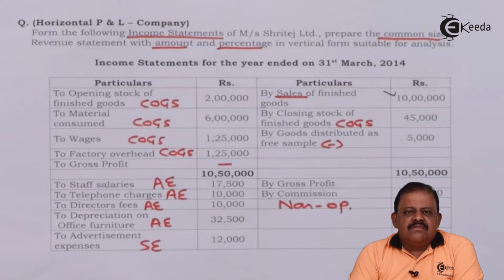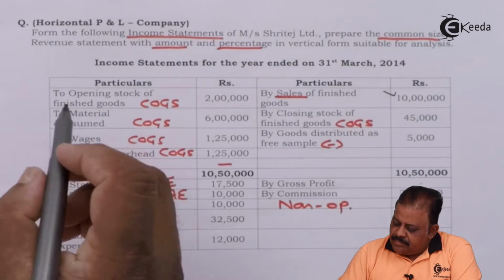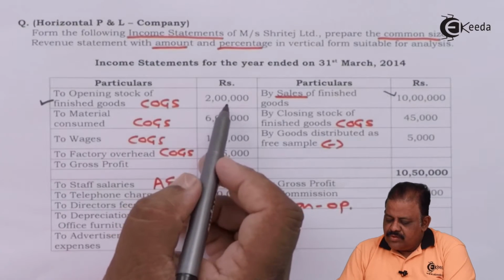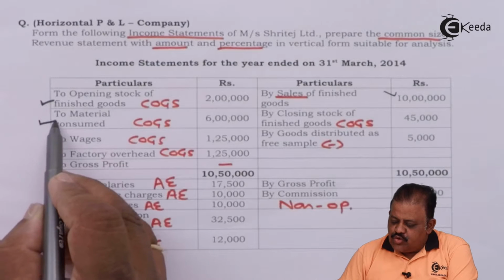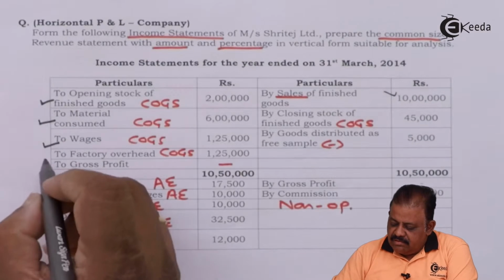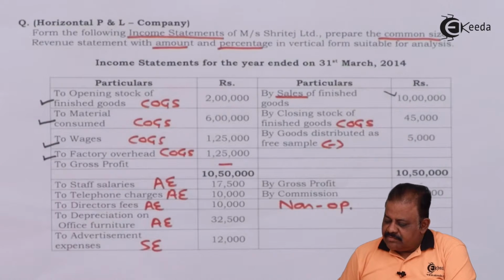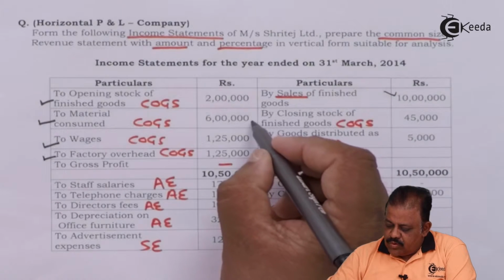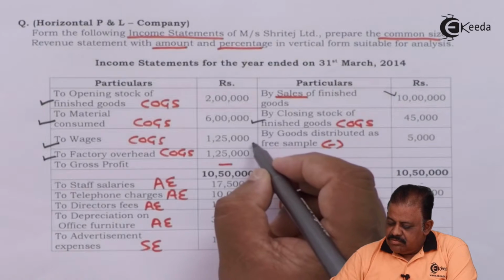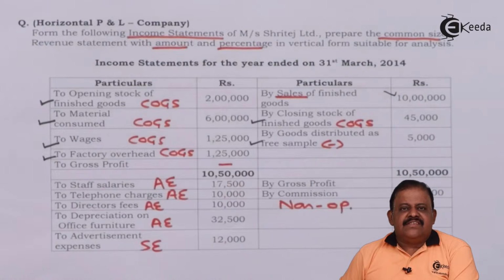For calculating COGS, we are required to consider these items: opening stock of finished goods, material consumed, wages, factory overheads, closing stock of finished goods, goods distributed as free samples.